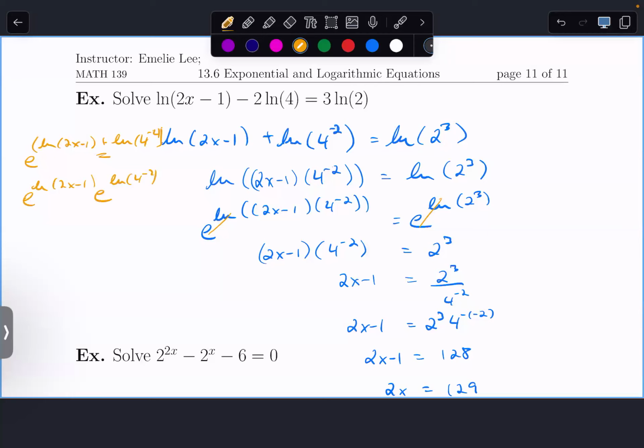Right. I don't think that that saves you any work because now this cancels and this cancels, and then you're left with 2x minus 1. But it is totally, you can do that.